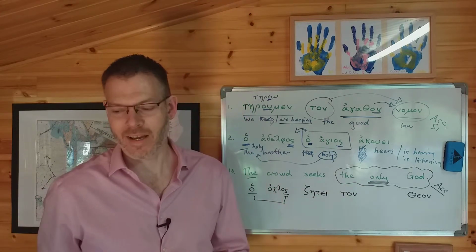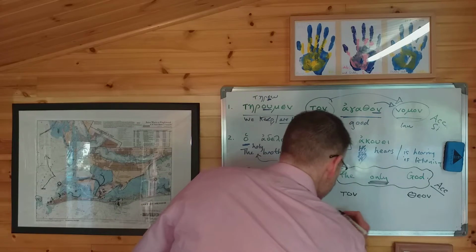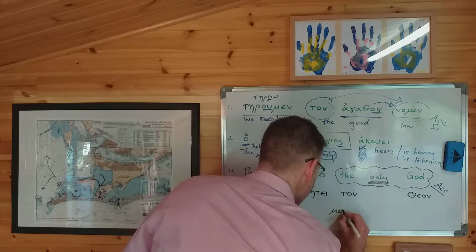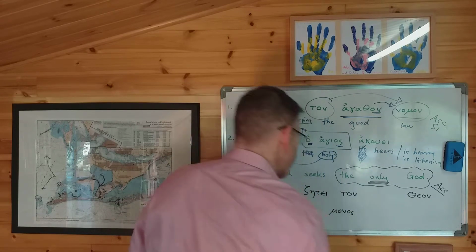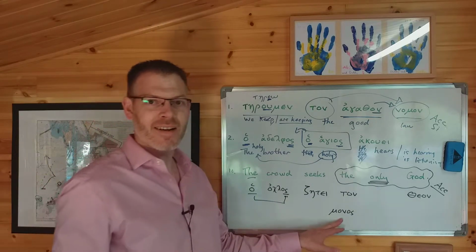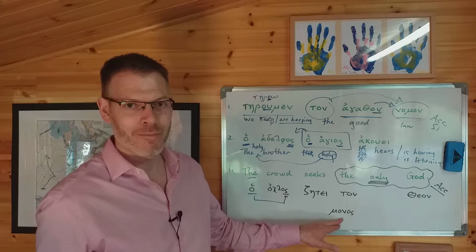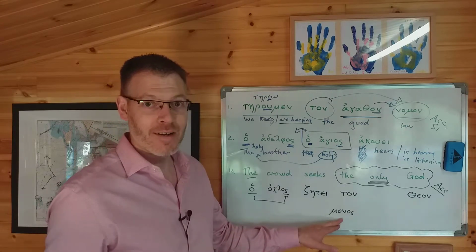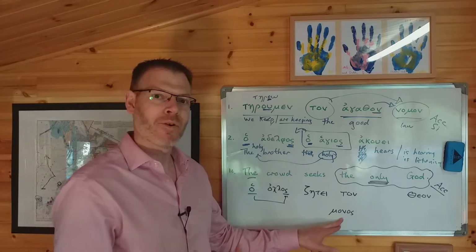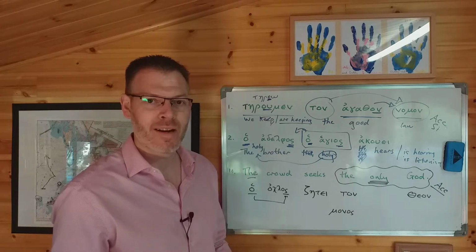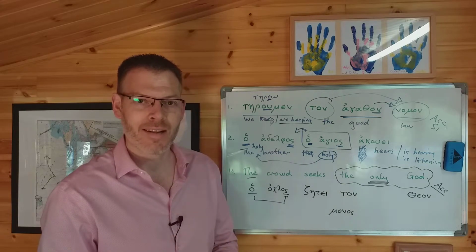Greek word for only, you get this at the end of the chapter, is monos. And remember that this will come in masculine and feminine and neuter forms. Monos, monon, monu, monu, mono, and so on in masculine. Mone, monen, mones, and so on in the feminine. Monon, monon, and so on in the neuter.